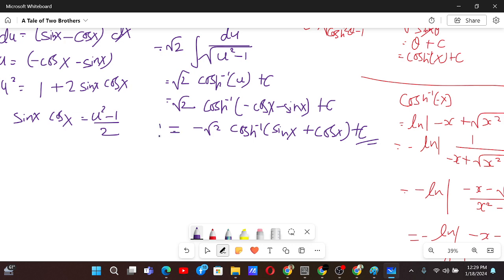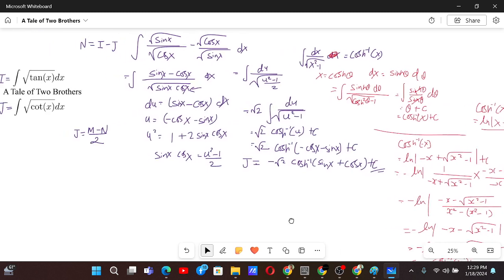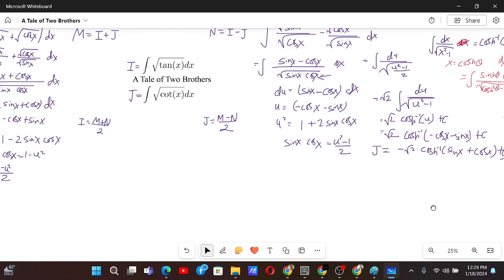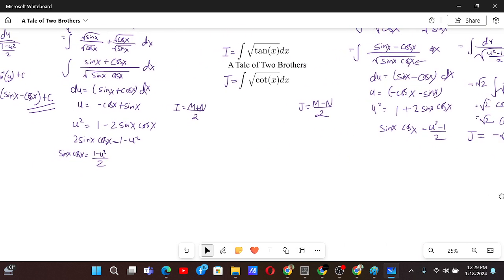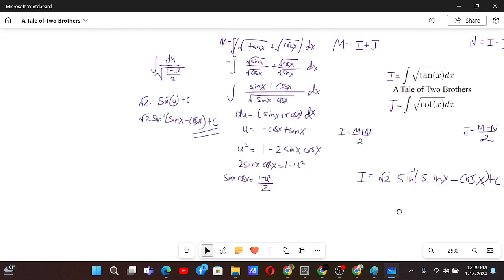This is our j, and our I is over here. Okay, so let me write both of them now. Our I was root 2 times sin inverse sin x minus cos x plus c. Yeah, let's just check.